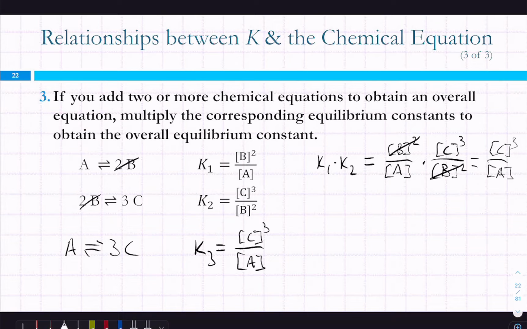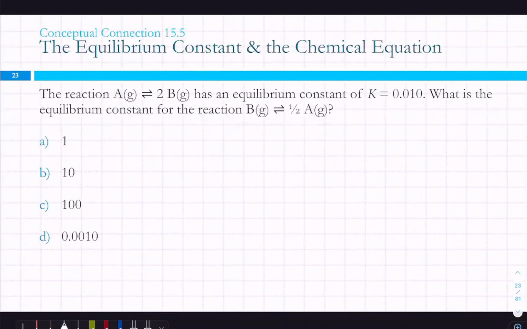If we knew what K1 and K2 were, we would just multiply them together to get the K for our combined reaction. And so we can combine all three of these steps, reversing or multiplying by coefficients, to calculate and predict what the equilibrium constant will be for the combined reaction.